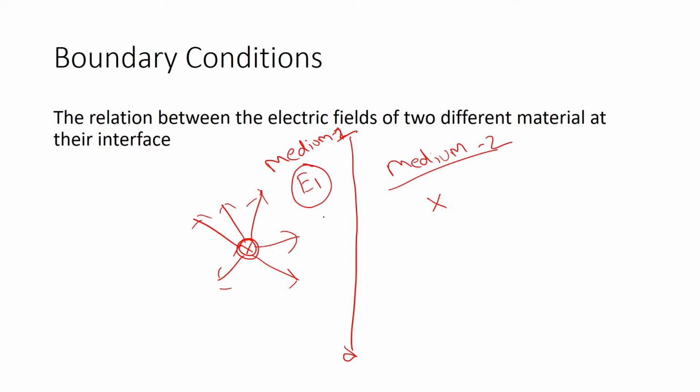For example, this might be a dielectric of dielectric constant epsilon 1 and this will be having permittivity epsilon 2. Or this might be free space whose permittivity is epsilon naught. Or this might be a conductor where the electric field cannot exist.